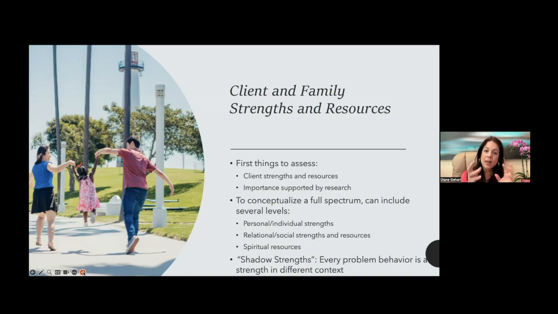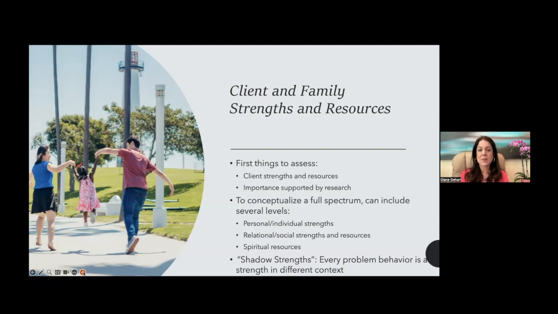All of that helps me think about, okay, these are the abilities that they already have in one area that we can apply to another, whatever area they identify as being problematic. So always looking for those shadow strengths because they're always there.